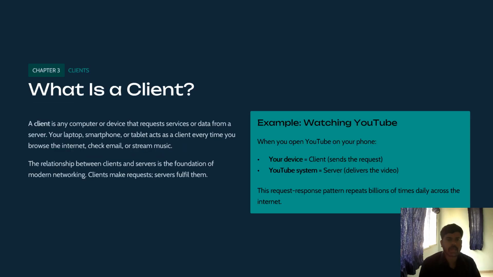What is a client? So now let's talk about the client. A client is a computer device or a node that requests services from a server. Example, when you open YouTube on your mobile, the mobile is a client and the YouTube system is a server.